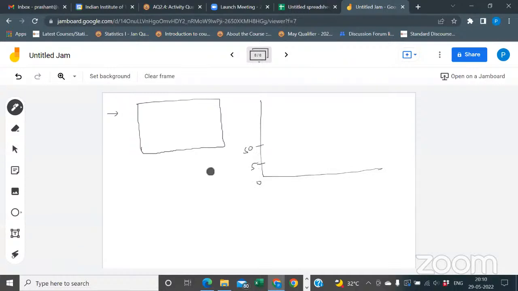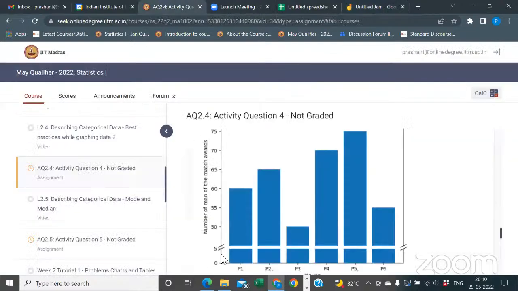But here it is clearly shown that after 5 there is a break, and then it goes 50, 55, 60, and so on. If the break is not shown, then it will be manipulated.